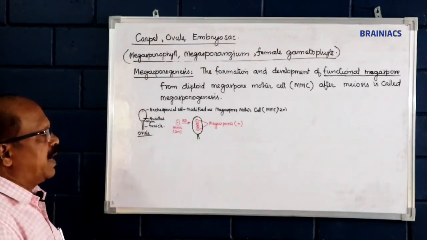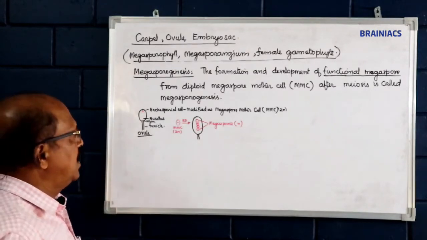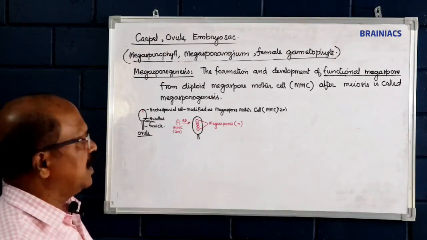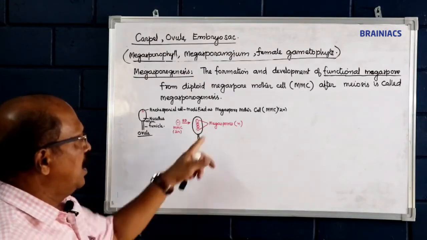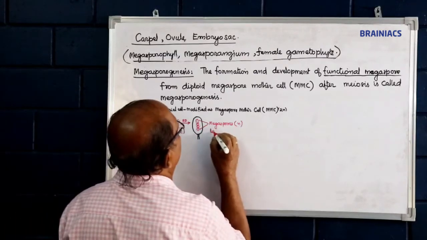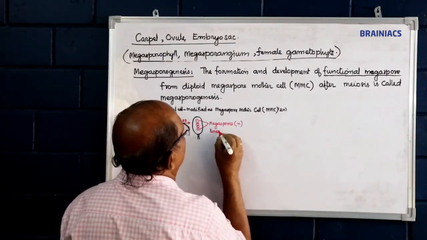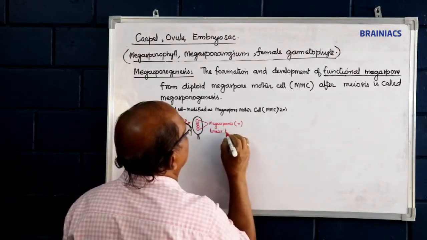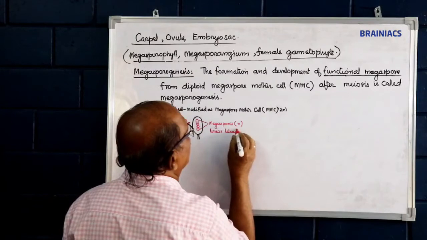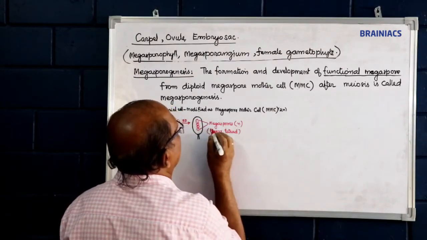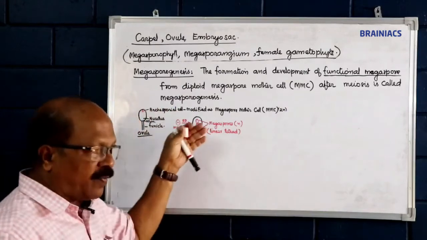And this megaspore mother cell undergoes meiosis or reduction division, resulting in the formation of 4 megaspores arranged in a linear manner. That is called a linear tetrad.